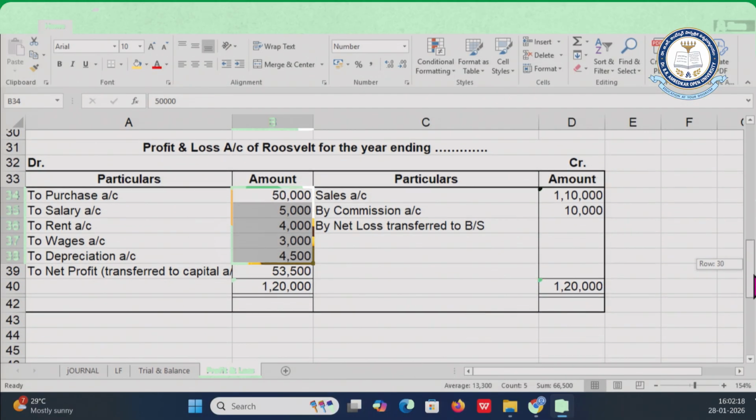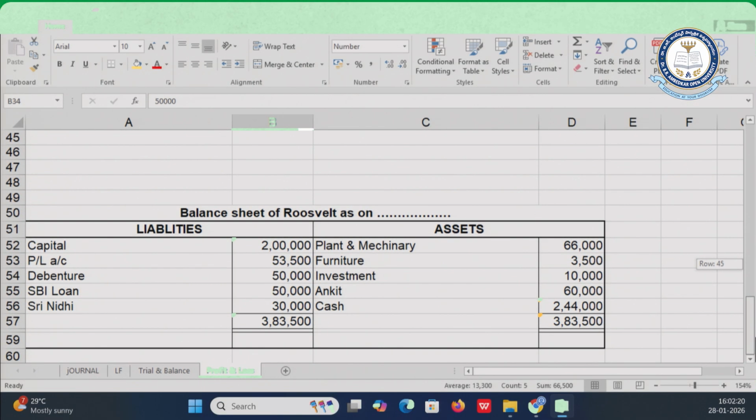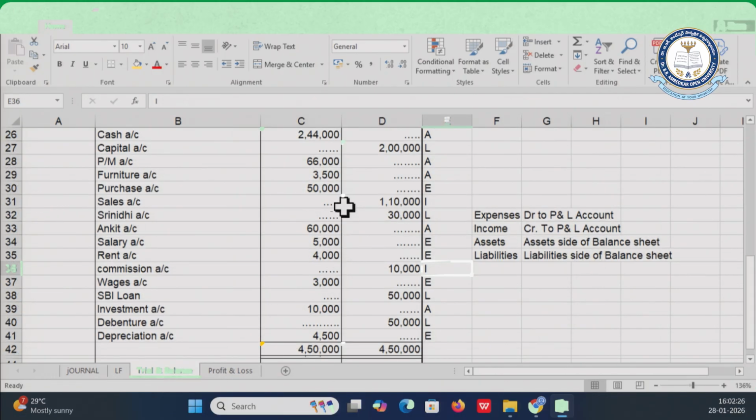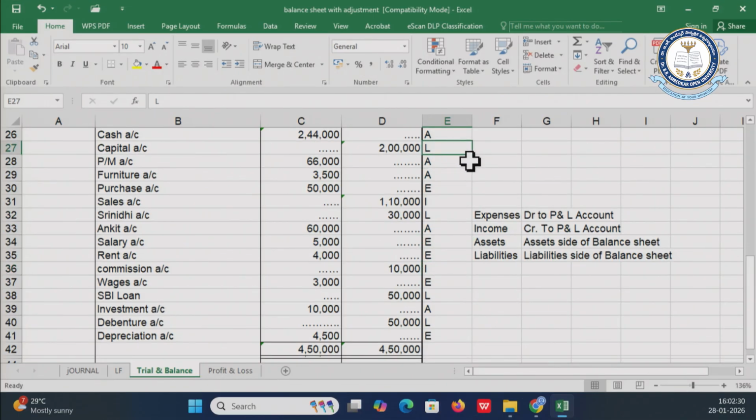Look at this. This is how we take. Look at the balance sheet. The balance sheet has capital of 2 lakhs. How did you get it? Where did you get it? All the L's: 1, 2, 3 and 4 also. So we brought all those 4 items. What are they?